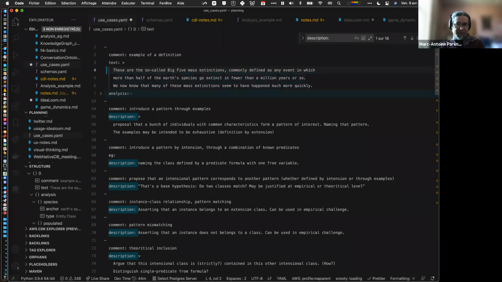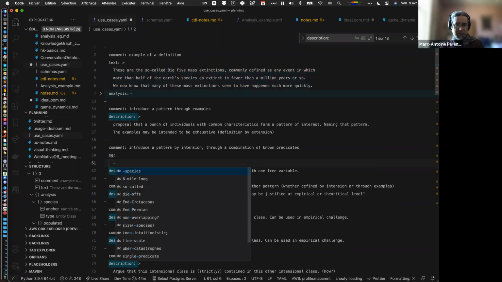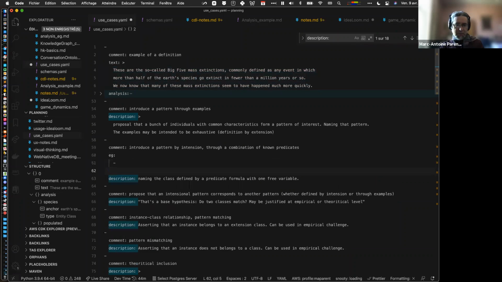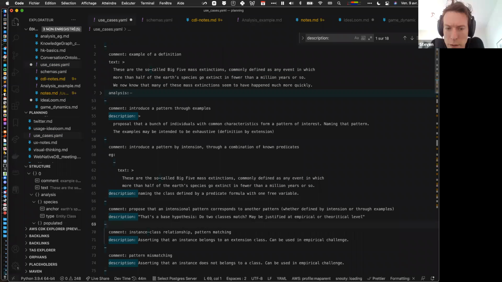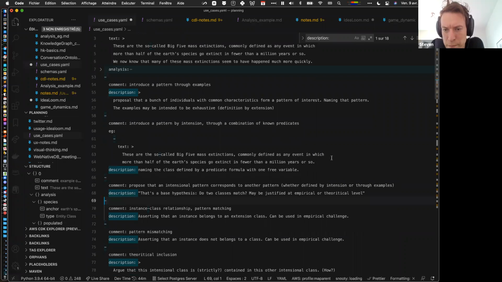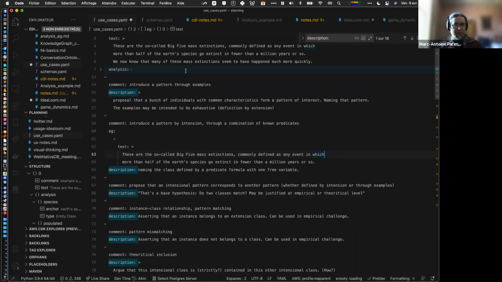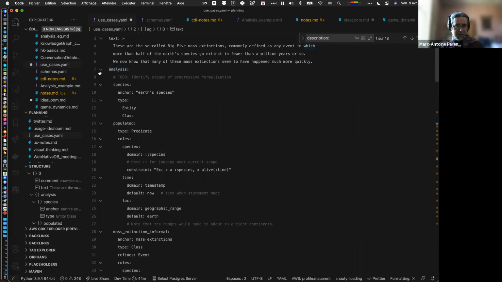What's this? Can you do the decomposition? Mm-hmm. What's the pattern? What's the predicate? Okay, this is my attempted analysis.